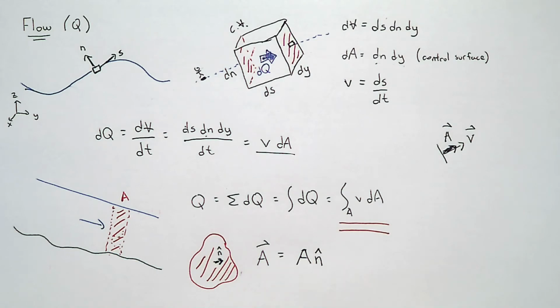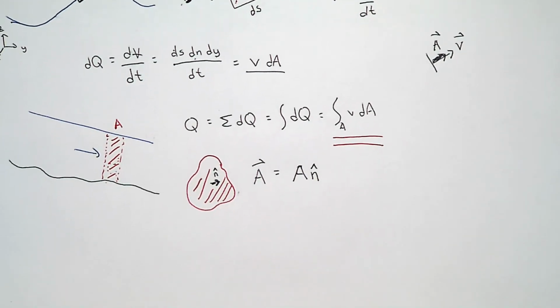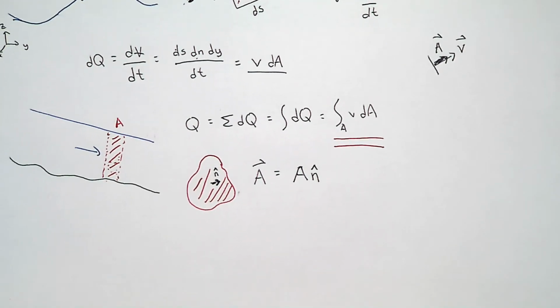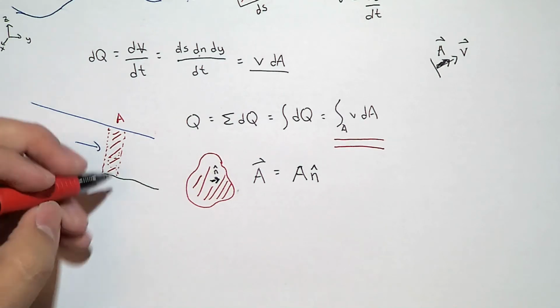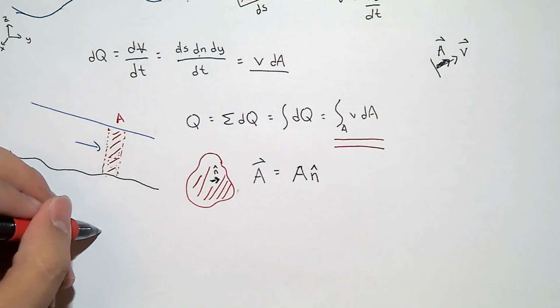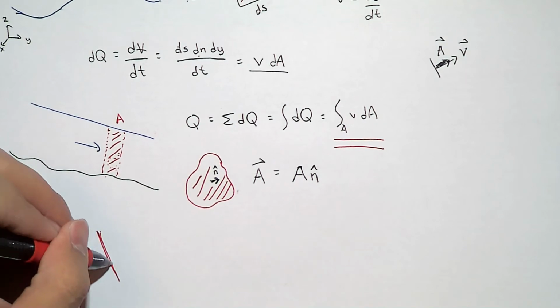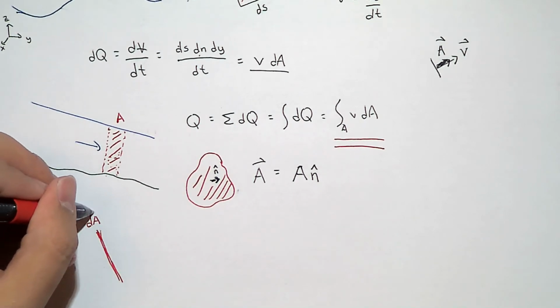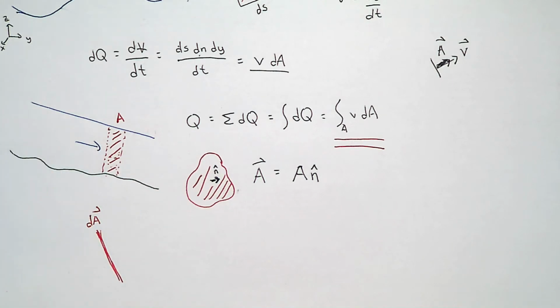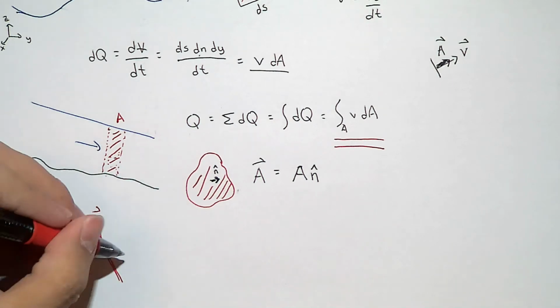But now, there are cases, like we mentioned, where that's not what's happening. There are cases where my cross-sectional area and my velocity vector aren't going to point in the same direction. So I'm going to give an example. Let's try to look at an area. Just going to call it a tiny, tiny, tiny area dA with a normal vector that points normal to the surface.